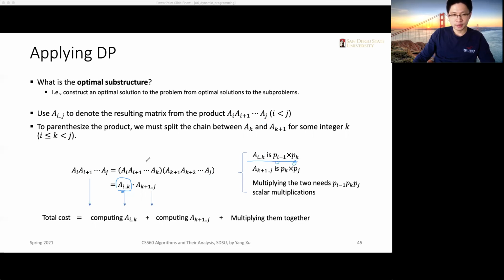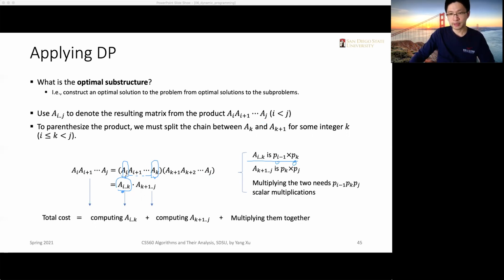How do we know that? We only need to look at the 2 ends of the chain, A_i and A_k, because all the dimensions in the middle got crossed out, got eliminated.